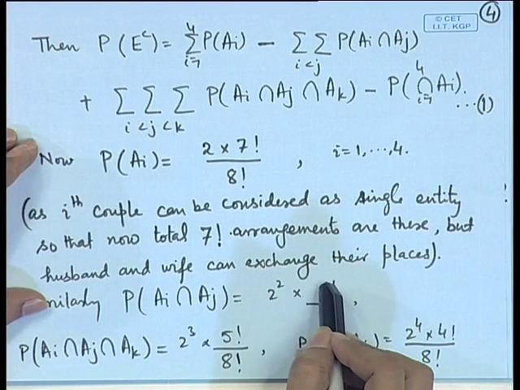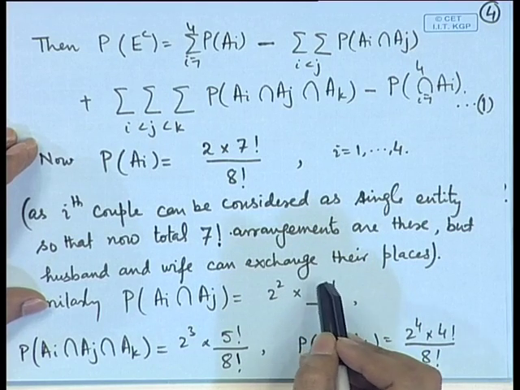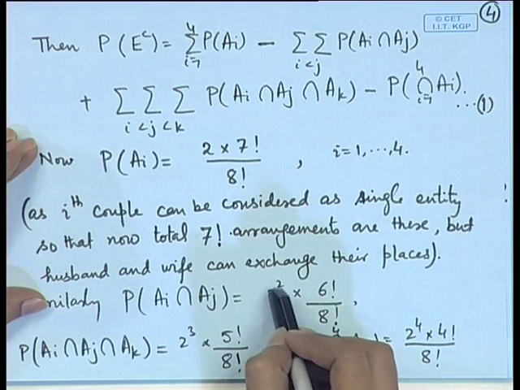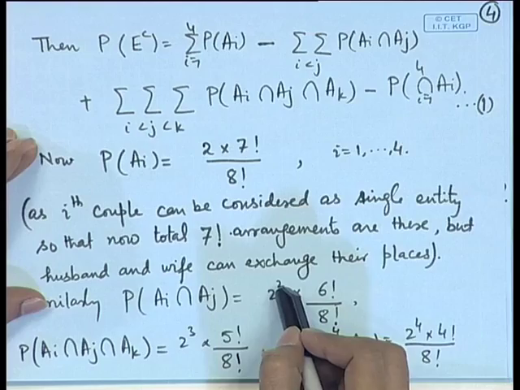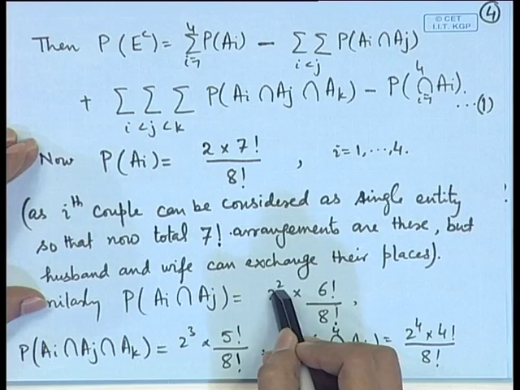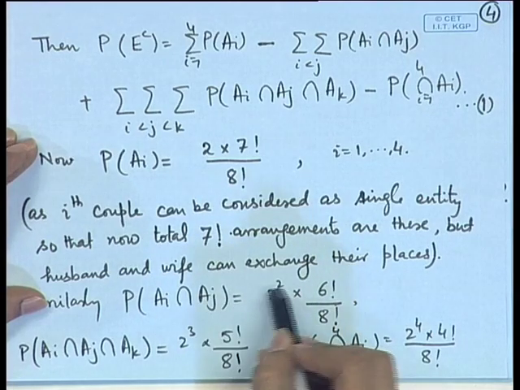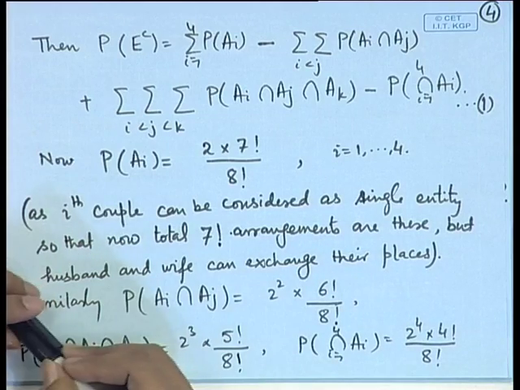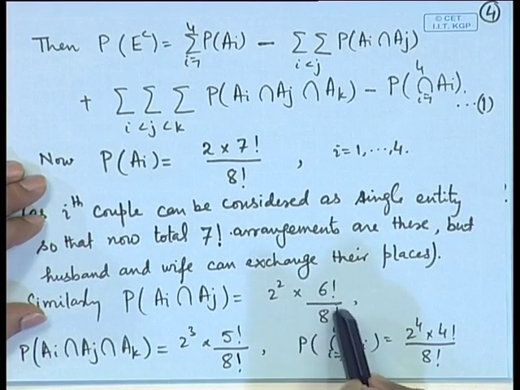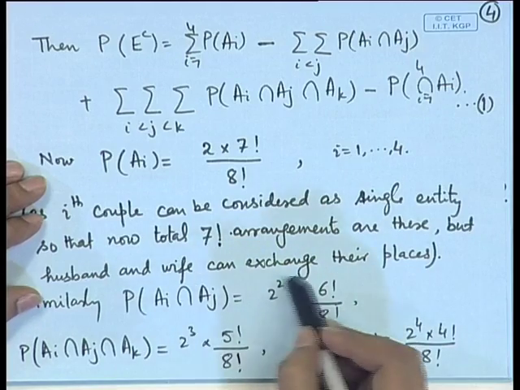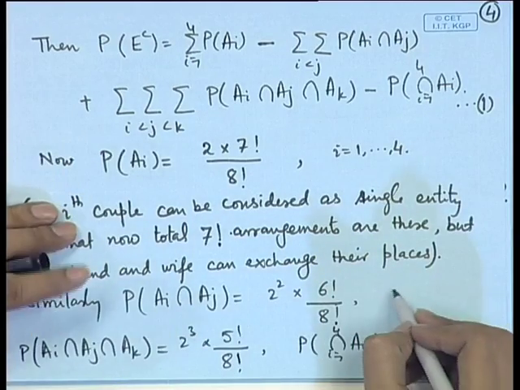Since in this arrangement 2 of the entities are couples, each of them can interchange their places, which can be done in 2 square ways, because in the ith pair the husband and wife can interchange their places in 2 ways, and in the jth pair the husband and wife can interchange their places in 2 ways. So, the favorable number of cases becomes 2 square into 6 factorial divided by 8 factorial. And this will be true for all pairs of i and j.